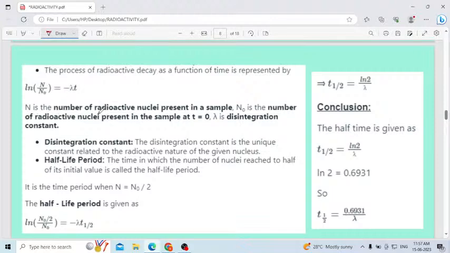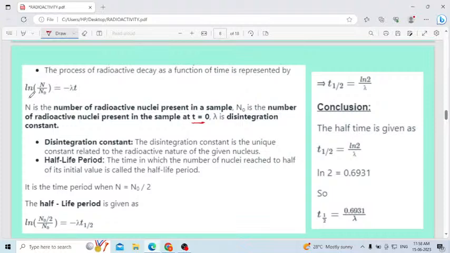Here N is the number of radioactive nuclei present in a sample. N0 is the number of radioactive nuclei present in the same sample at t equal to 0. Then lambda we will consider as the disintegration constant. This you have to remember, very important.